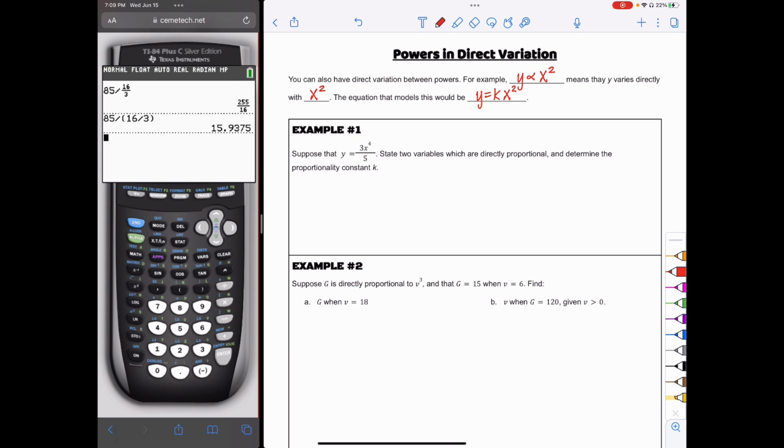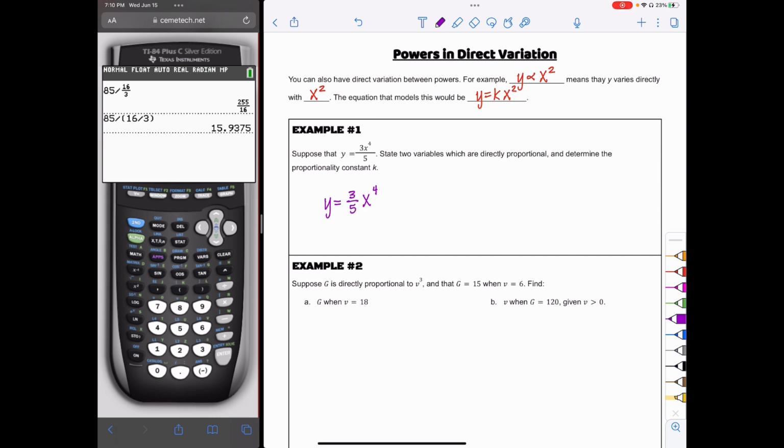So if we wanted to rewrite this equation, we could rewrite this as y is equal to 3/5 times x to the 4th, because we already know that x to the 4th has a denominator of a 1, and when you multiply fractions, you do numerator times numerator and denominator times denominator. So the two variables that are directly proportional are going to be y and x to the 4th.